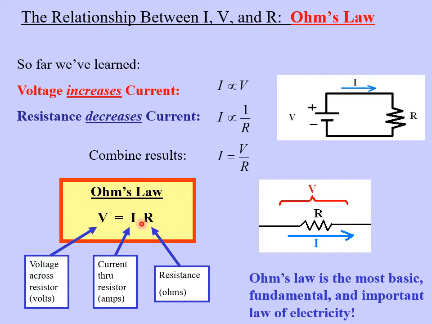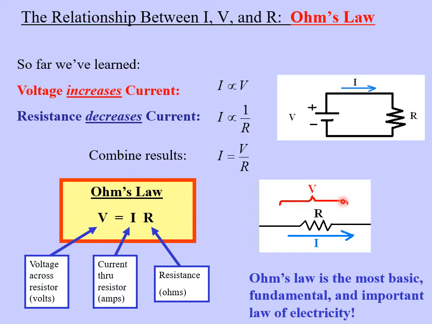So let's make sure we're clear on how to interpret Ohm's law. What V means in Ohm's law is the voltage across the resistor. Remember, our circuit symbol for a resistance or a resistor is this zigzag line. A voltage is actually a voltage difference that could be, for example, measured across this resistance. And the voltage is usually created by a battery or a power supply. We'll see examples of this shortly.